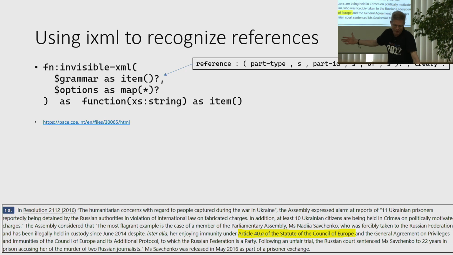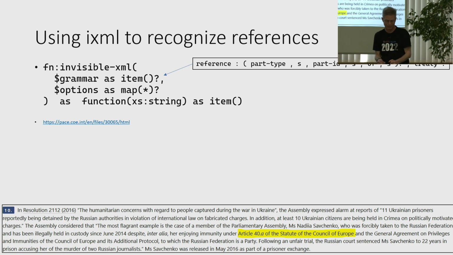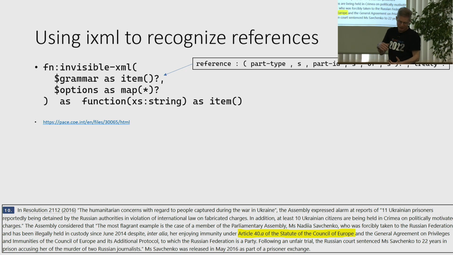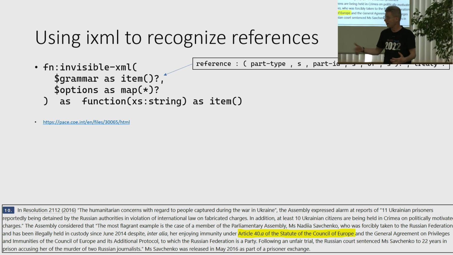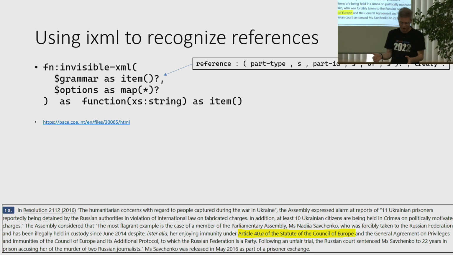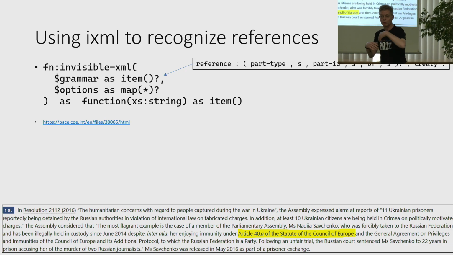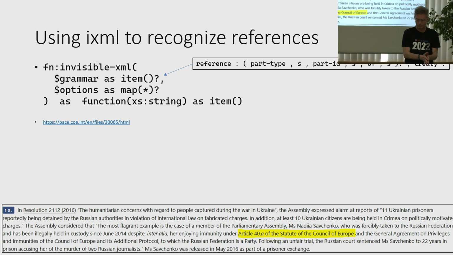This is an invisible XML grammar rule. We now still have parsing expression grammar rules, but this is an important part of that grammar. It says that a reference is a part type, like article in this case, followed by some spaces, followed by a part ID, which is 40A. It specifies which article we want to refer to.